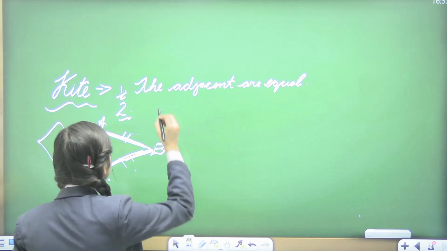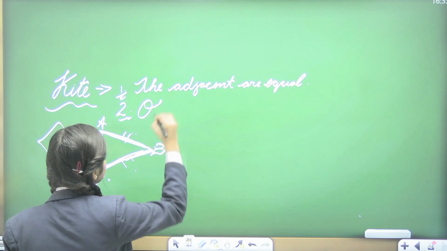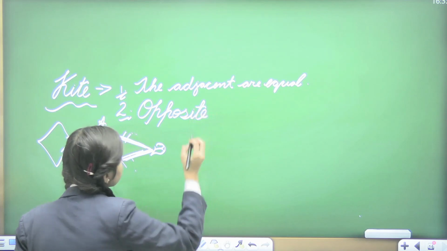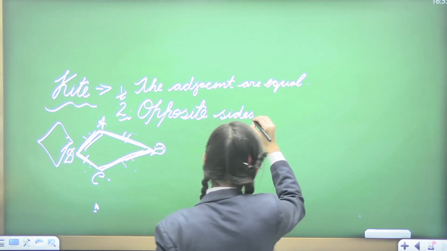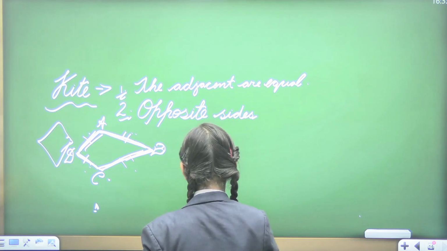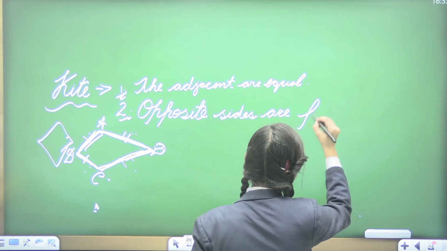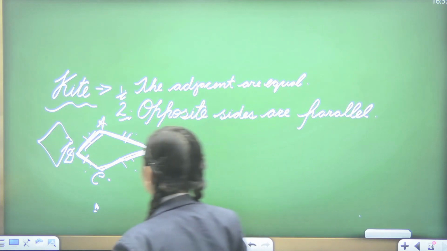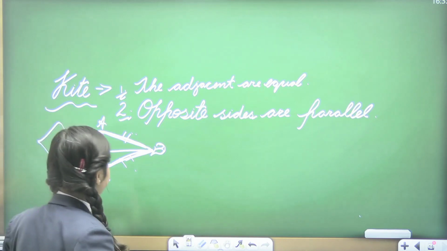So the second point is the opposite sides are parallel. Now diagonals do not bisect each other, but diagonals intersect each other.